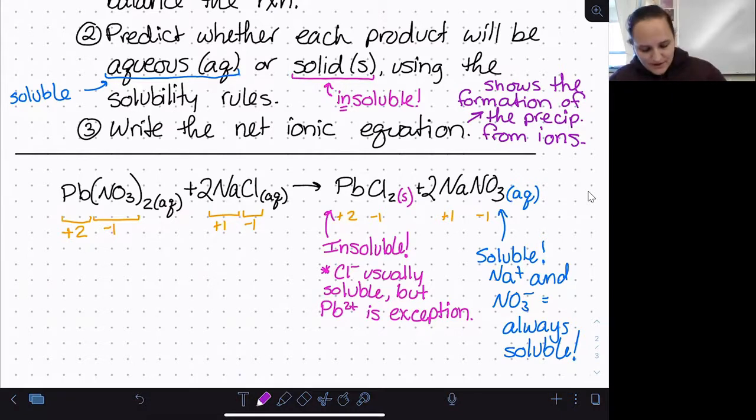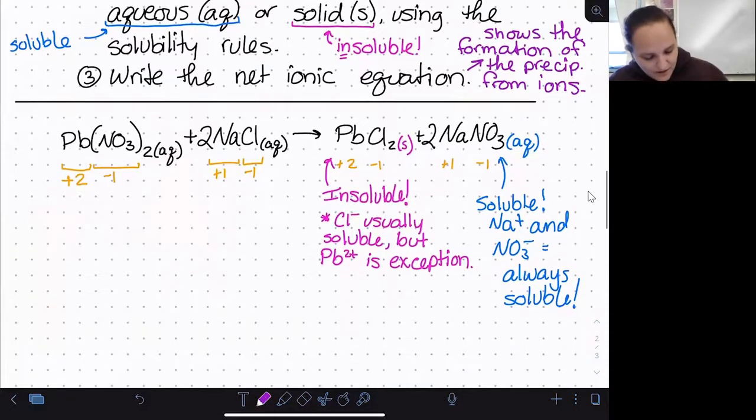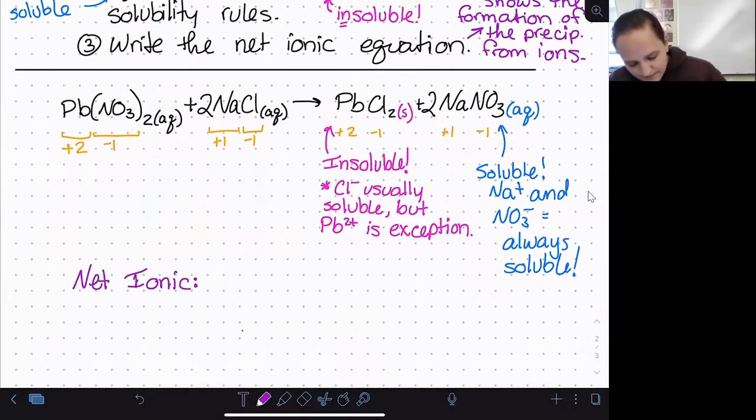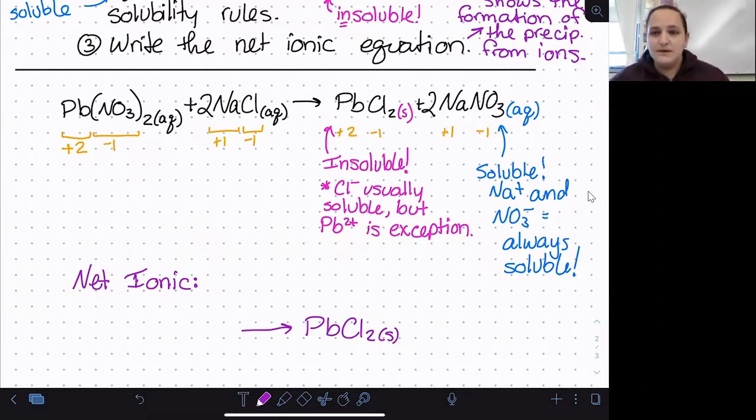So if we want to write our net ionic equation for this example, our precipitate is the solid, this lead 2 chloride, PbCl2. So our net ionic equation is showing us producing that. Our only product should be that solid precipitate that we formed, and then we just need the reactants to be the ions we needed to form that.